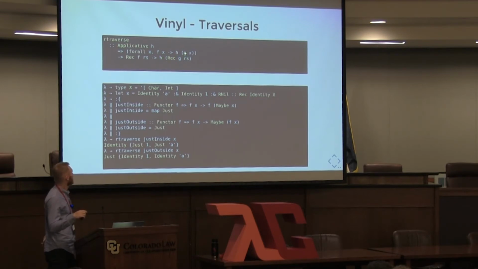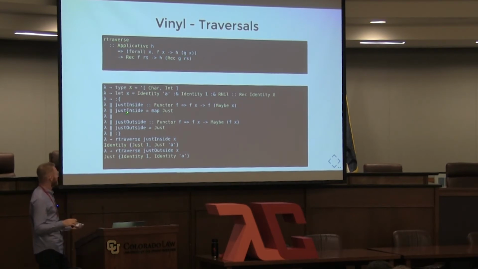And trivially, your f can be the same as your g, as we'll see down here. So here we've defined two functions, just inside and just outside, which will basically sequence our effect in two different ways.